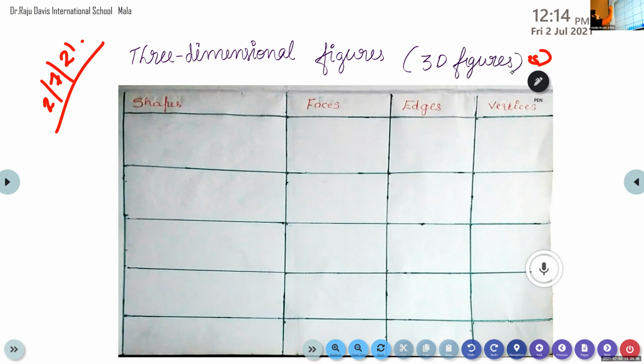After that, in the first column under shapes, write cuboid. Start writing, please start writing. Cuboid, C-U-B-O-I-D, cuboid.